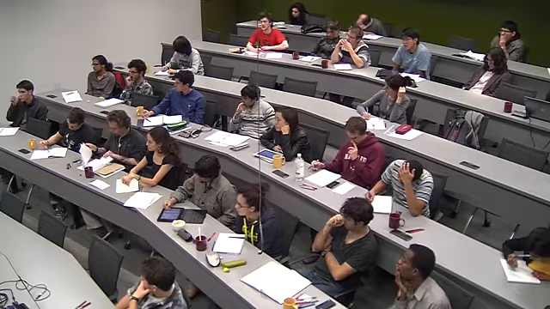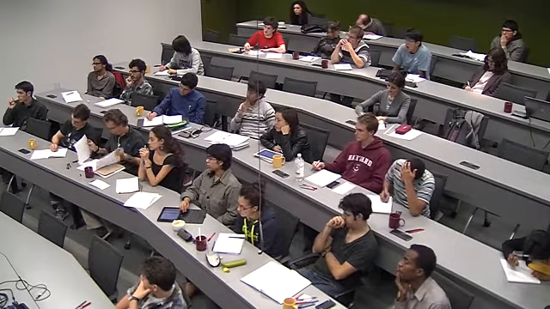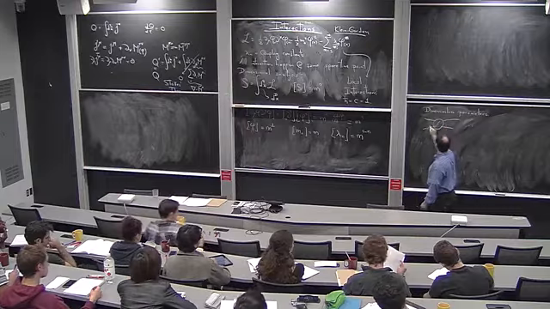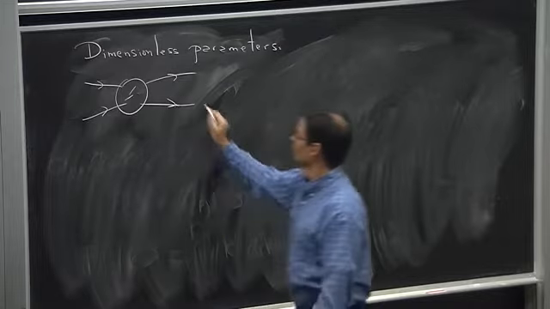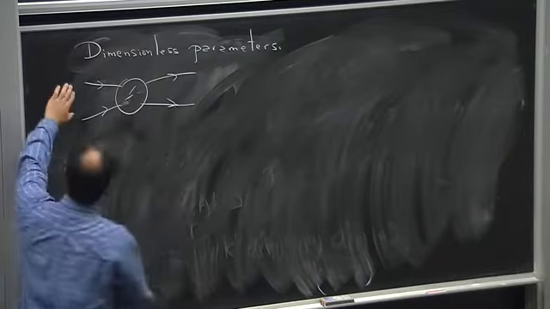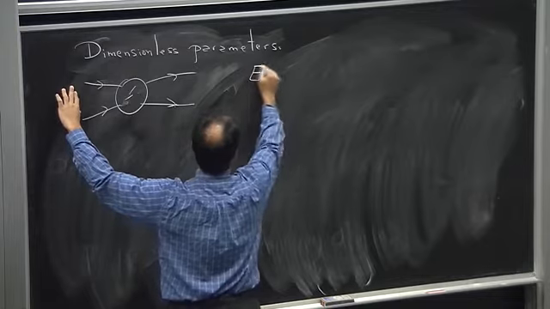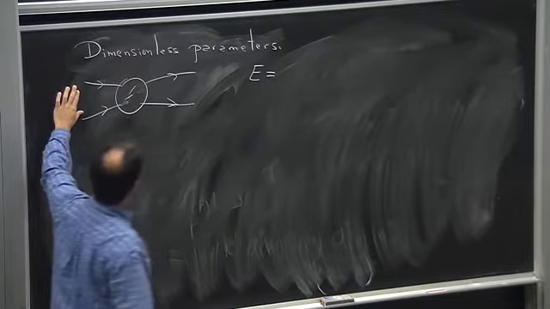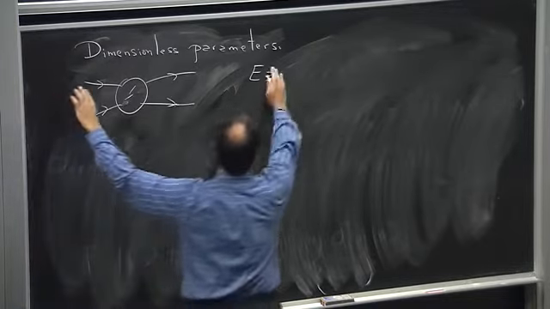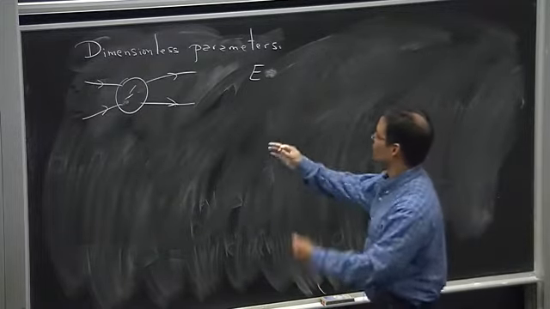Just one second. Okay. So if we have an interaction, we can define, say, the energy of this interaction. The center of mass energy would be a quantity that we can define.